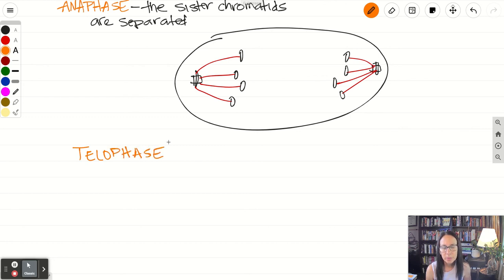And what happens in telophase is now all the chromosomes come back together and a nucleus is now going to form on both sides of the cell around the 2 groups of chromosomes.